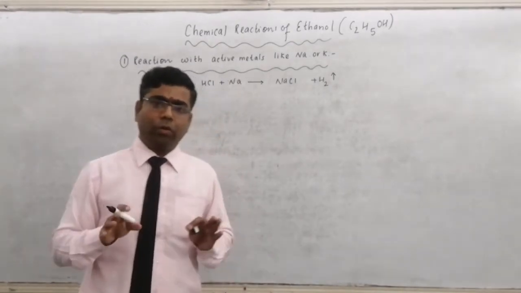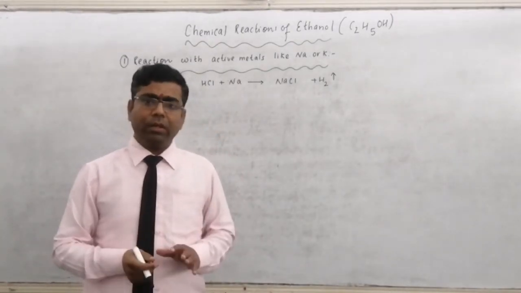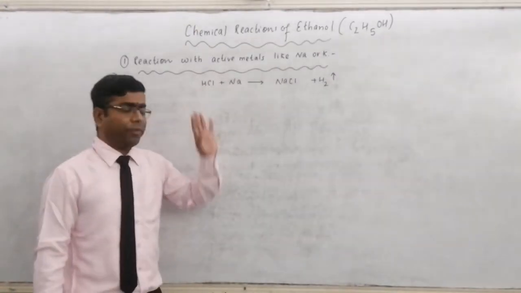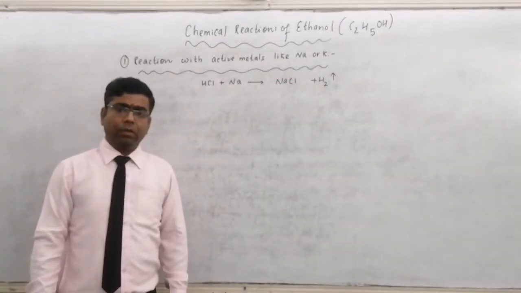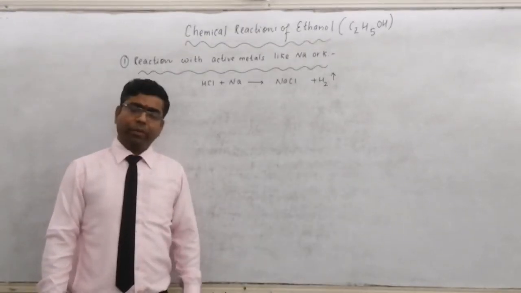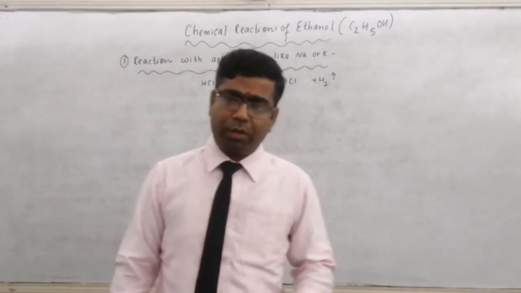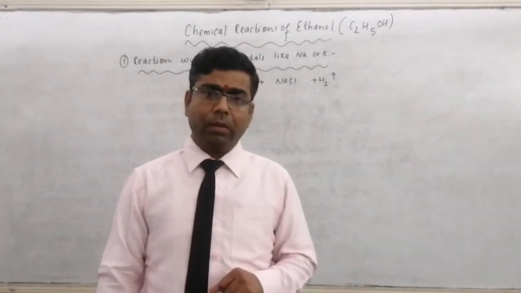Here we are not talking about balancing the chemical reaction. Here we are simply talking about what will happen when sodium is made to react with acid. So it is the property: reactive metals or active metals displace hydrogen from acidic solution in the form of H2 gas.